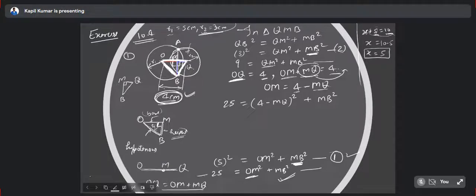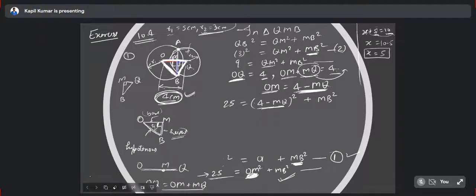But in this equation, in place of OM, we are going to write from here 4 minus MQ. So in place of OM, we put 4 minus MQ. So it was square, so it will become whole square. Is it okay?